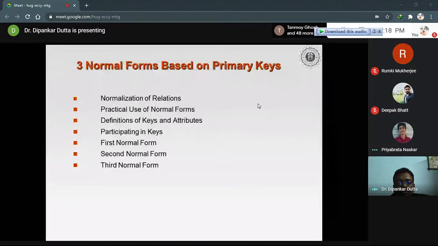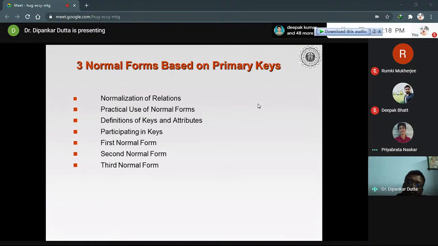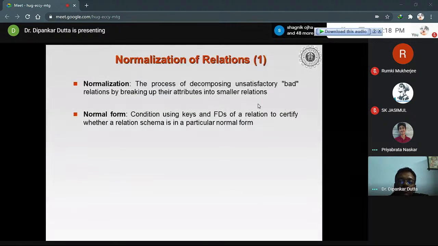But before that, we should know what normalization of a relation is. Normalization of a relation is the process of decomposing an unsatisfactory, bad relation by breaking up its attributes into smaller relations.